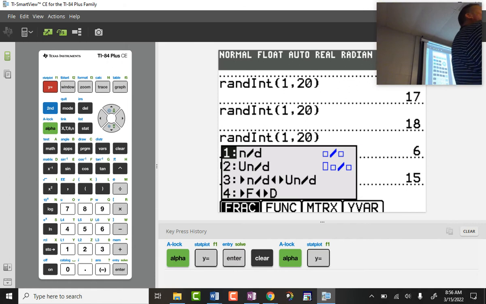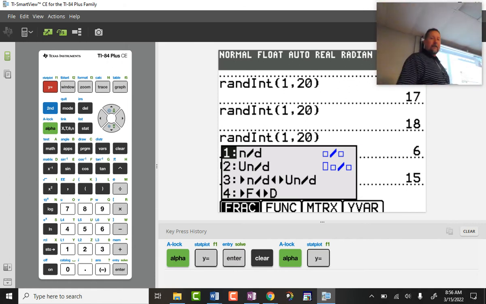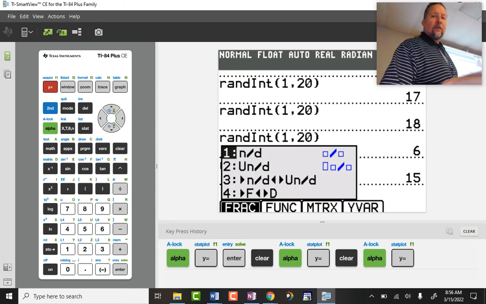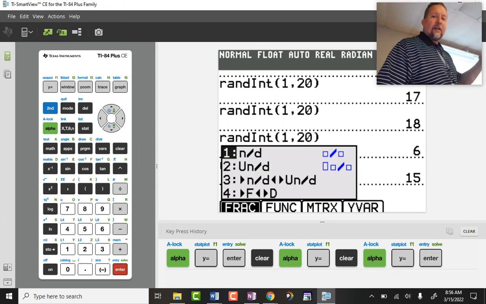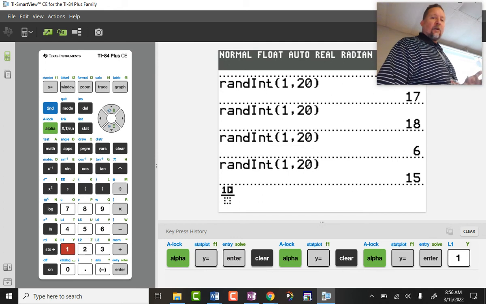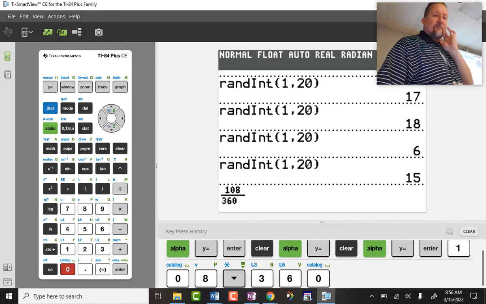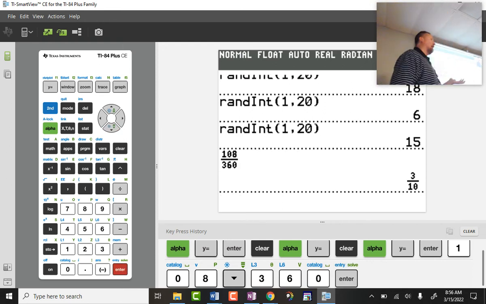Did you see what I hit? Alpha y equals. So I'll do that one more time. Alpha y equals. Hit enter. And now I can do, was it 108? I already forgot. There's my old brain. Over 360. I think this puts it in fractional reduced form. Look at that. All right.